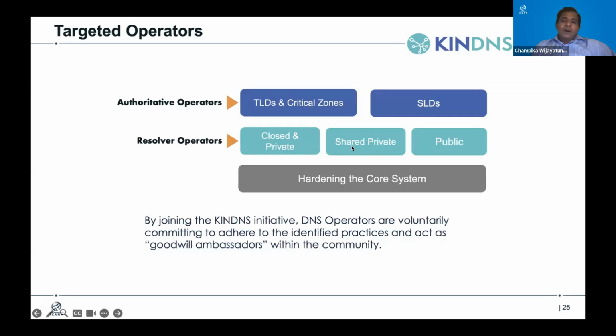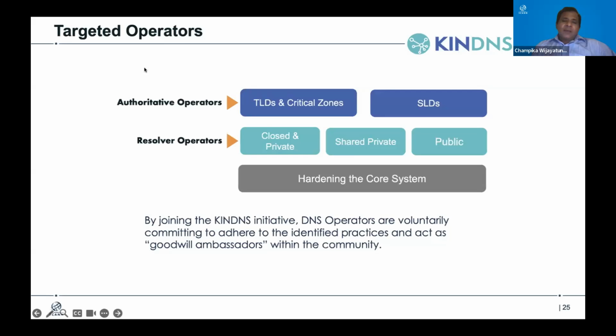But if you are an ISP or mobile operator, you are operating a shared private resolver. That means you are only sharing it for your own customers, your own clients. Or you could be operating some public resolvers. Public resolvers means to anyone. Even myself, I can use your resolver, right? So depending on these categories, you can practice different best practices related to DNS.